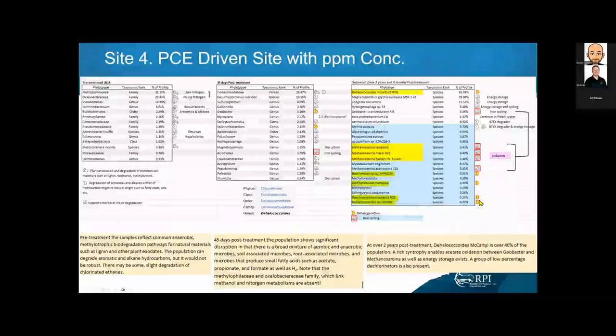So for Dihalocoides, the phylum, and it's in the middle of the graph here in blue, the phylum is Chloroflexia, the class is Dihalocoidia, the order is Dihalocoideales, and the family is Dihalocoideaceae, and the genus is Dihalocoides. So do you see any Dihala anything in the pre-treatment on the far left in 2018?